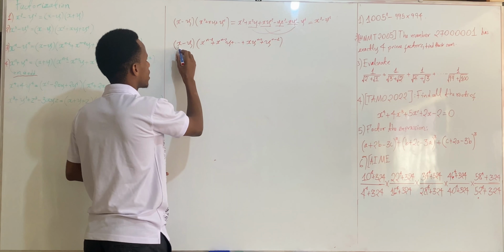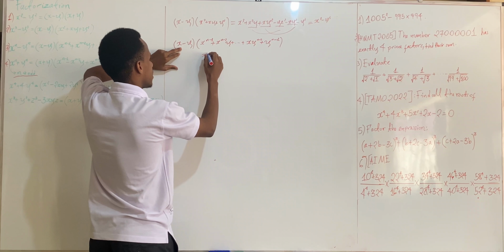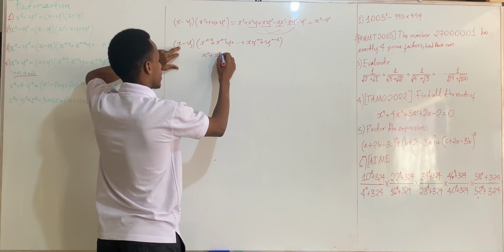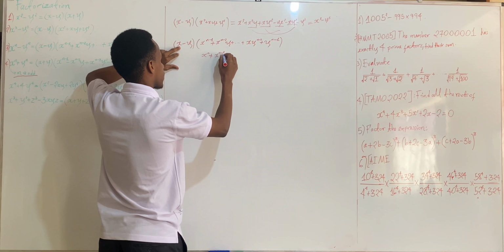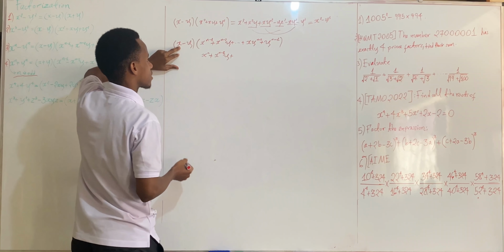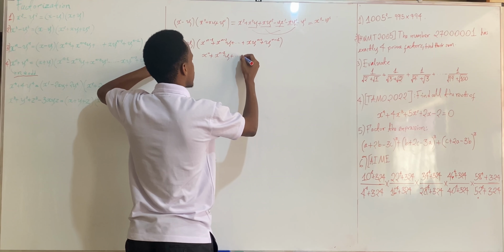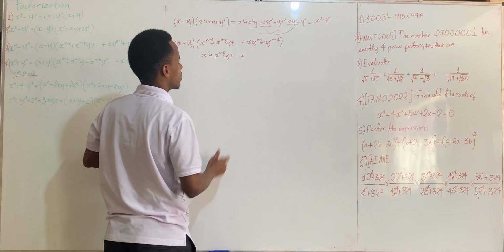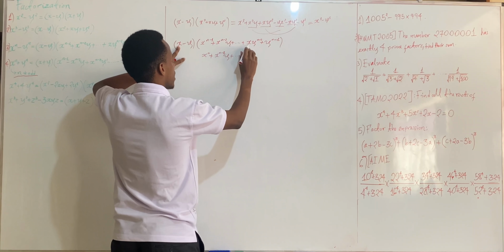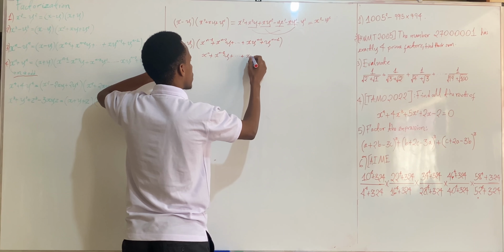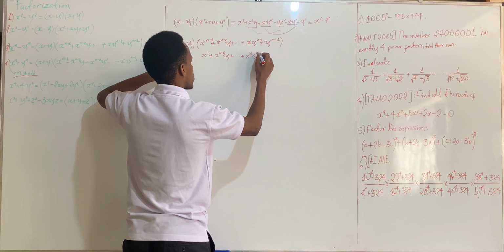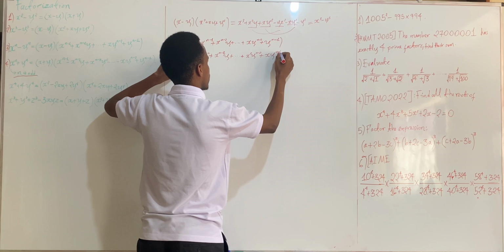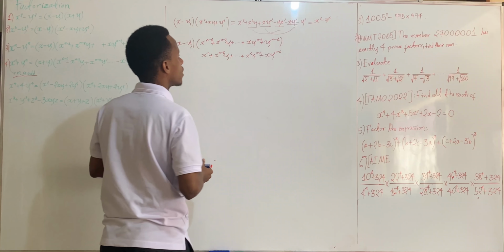With x, we get x times x to the n minus 1, which is x to the n. x times the second term, x to the n minus 2 times y, gives x to the n minus 1 times y. Again, this is a continuous sum, so there could be several other terms in the middle, and then when you get to x times y to the n minus 2, we get x squared times y to the n minus 2, plus x times y to the n minus 1.